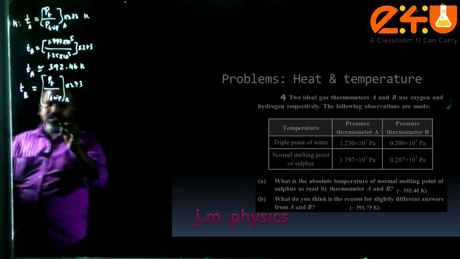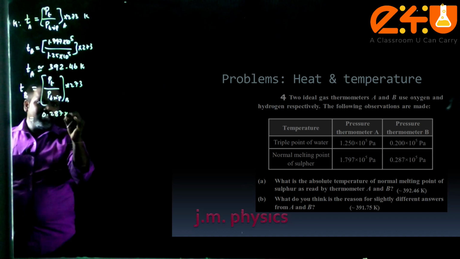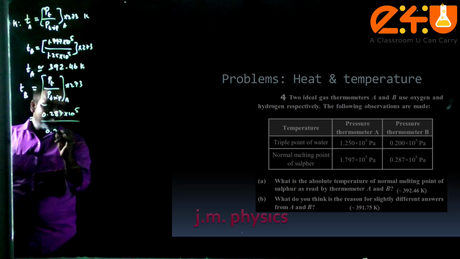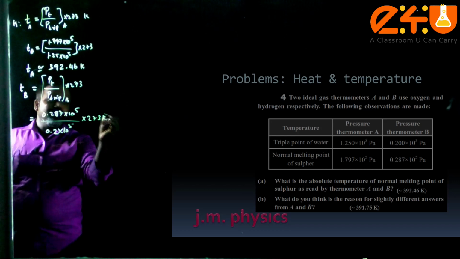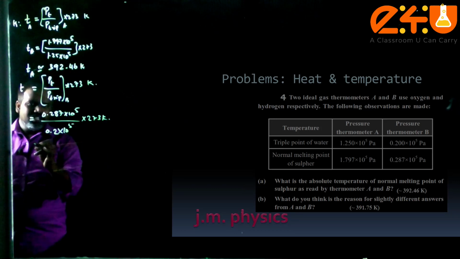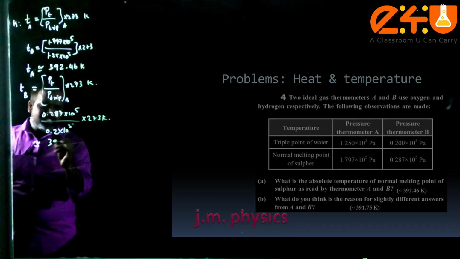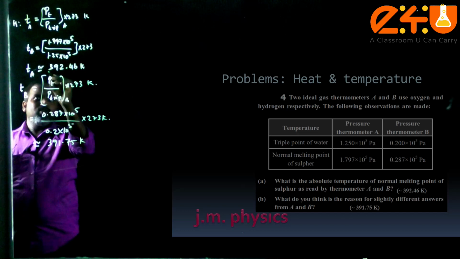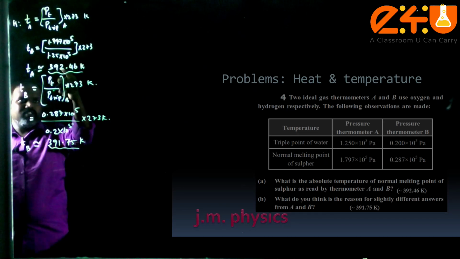So we substitute 0.287 × 10^5 divided by 0.2 × 10^5, into 273 Kelvin. By simplifying this, we get approximately 391.75 Kelvin.